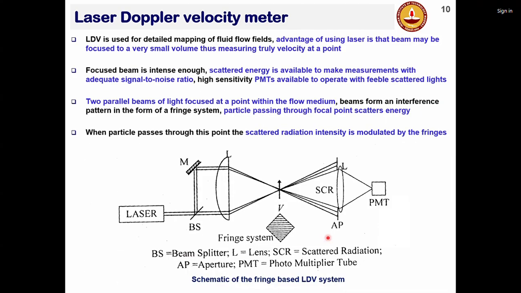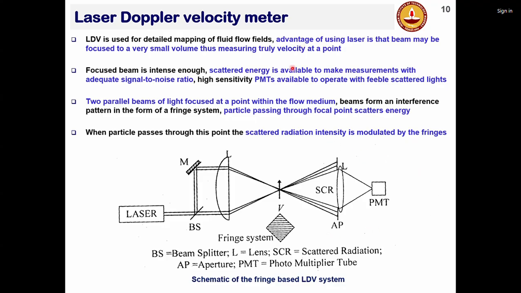But the laser Doppler velocimeter, which works on the principle of a laser beam, can really measure velocity at a point in the flow field. At different points you can measure velocity, and you can create a velocity map, the variation of velocity at different points in the flow field.